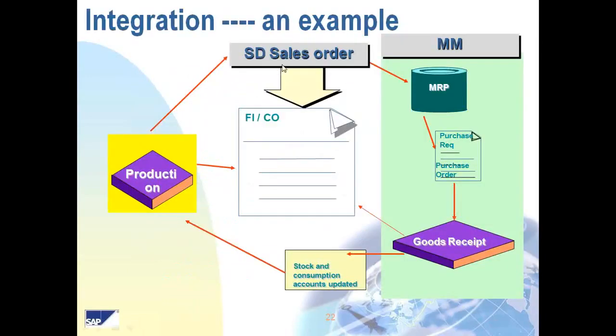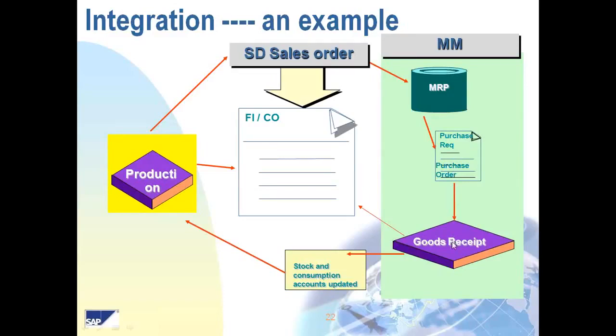To come to the integration level, there is a sales order which triggers the MRP. During the MRP, the system will generate the purchase requisitions. The purchase requisitions are converted into purchase orders, and based on the purchase orders, we generate the GR.